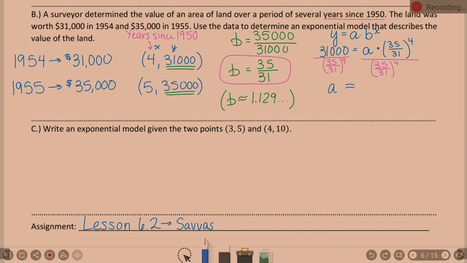Where I hesitate, if I had done 31,000 divided by, say, 1.129 raised to the 4th, I want to see if it would have worked. Notice it throws my answer off there, doesn't it?